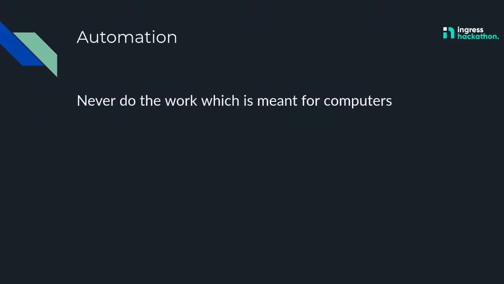Now, let's talk about automation. I have told you about how you can use different tools for different purposes. Now it's time for automation. Automation is where you club all these tools together. I have mentioned here, never do the work which is meant for computers.